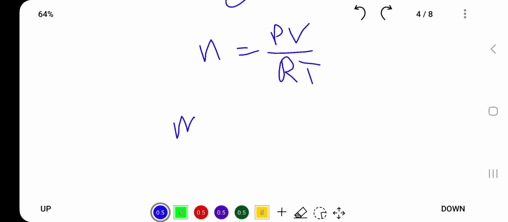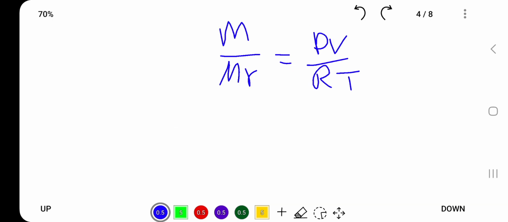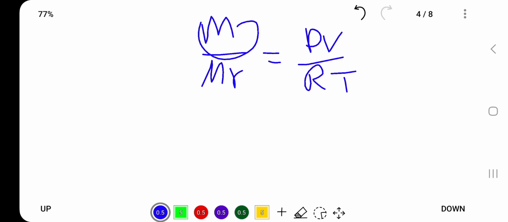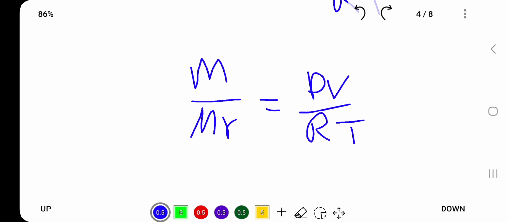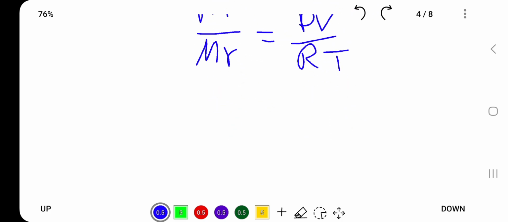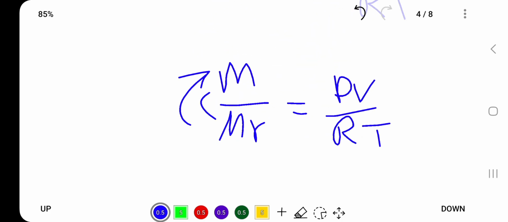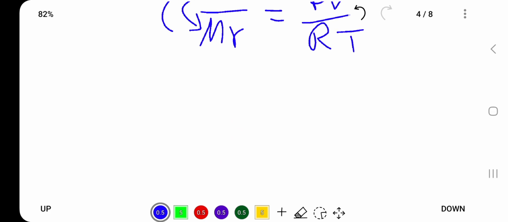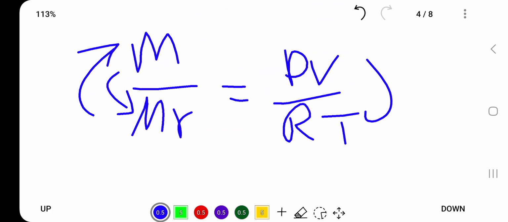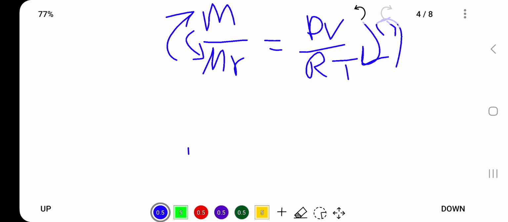Now again, m over Mr is substituting for n, equals PV over RT. You can't just move the m to the other side because it really does not work like that. So you should switch their places, and once you switch those, you also switch the other side's places because they are complementary to each other.